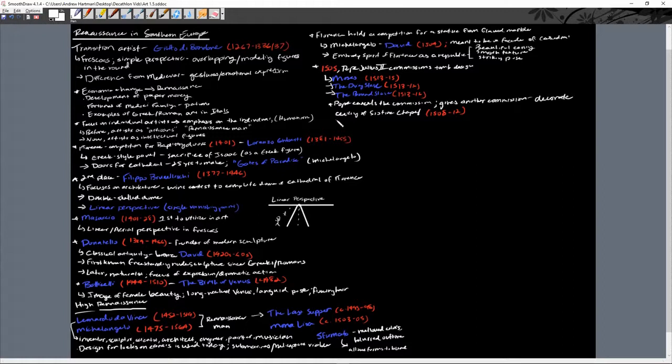So a couple things about this, I guess. 700 square yards of ceiling are covered by the paintings of Michelangelo. And they don't really talk too much about what's going on there, because frankly, there's a lot going on in the Sistine Chapel art, which we'll look at here in a bit.